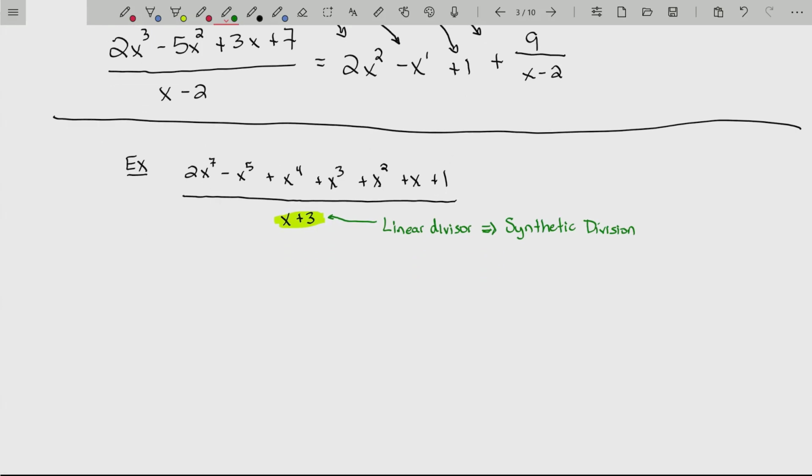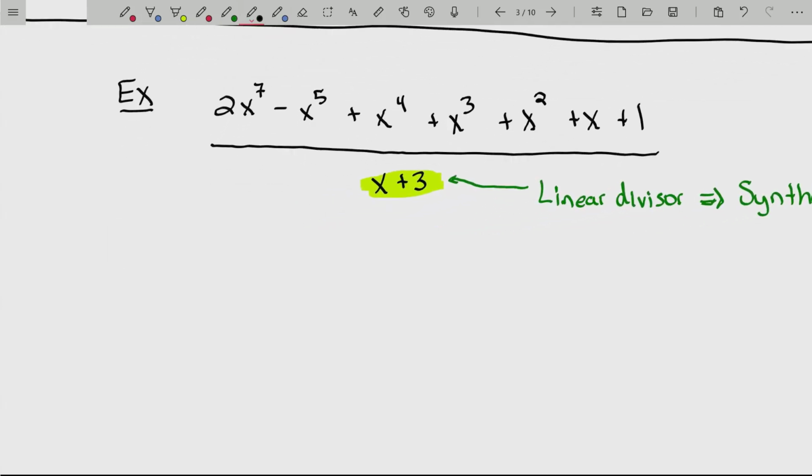I'll build my little row like the Excel row I said before. You make this little brackety piece just to tell the world that to the right of this will be my coefficients of my dividend, and to the left of this will be whatever makes my divisor 0. And -3 will make the divisor 0.